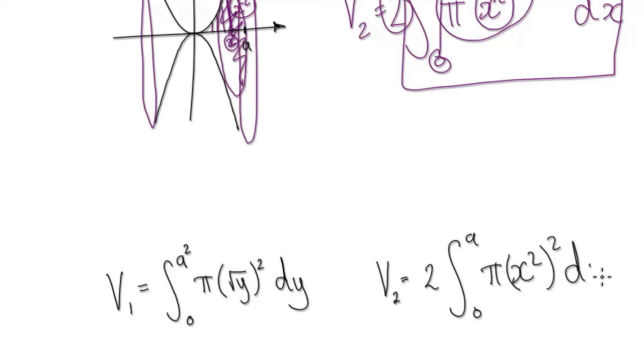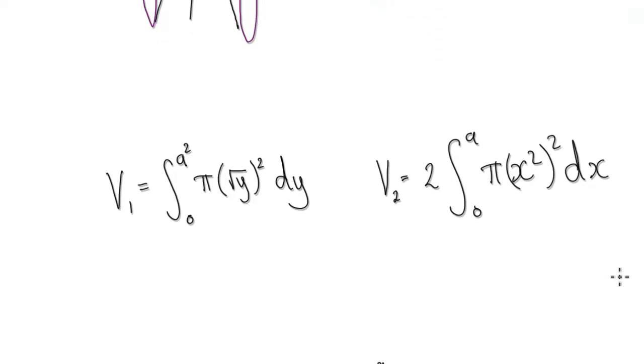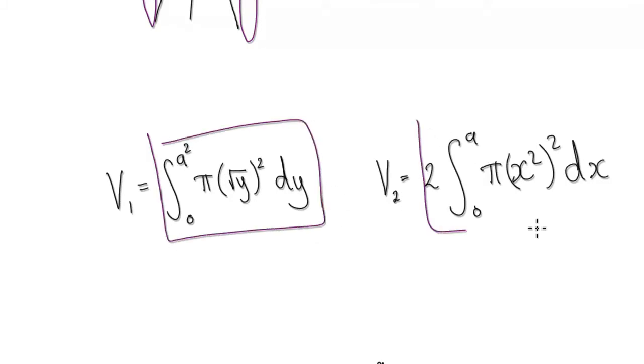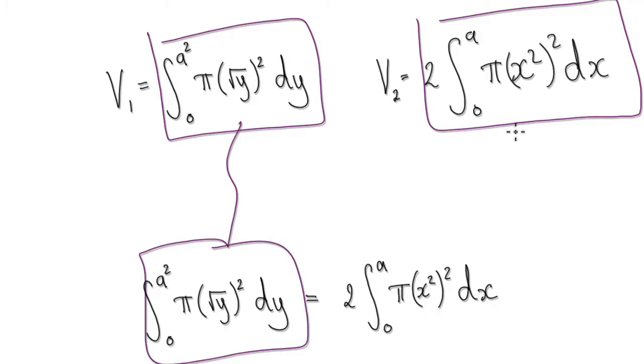squared dx. Now you want to find a value of a for which this volume is the same as this volume. So set this to be the same as this.